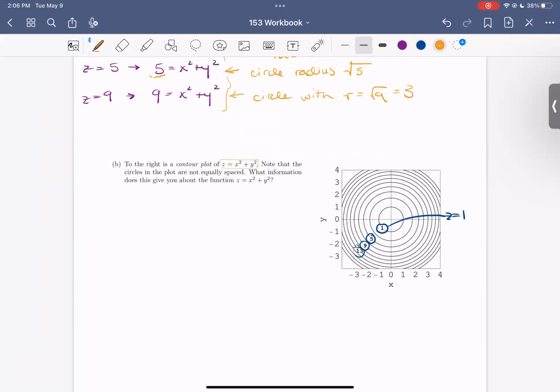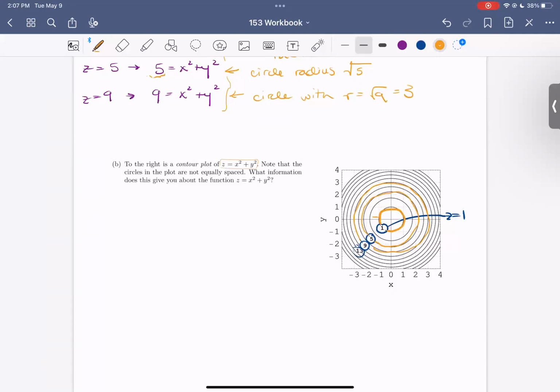So this circle here is the level contour when z equals 1, and we can see the level contours for 5 and 9 that we found in part A. But what other information does this give you about the function?